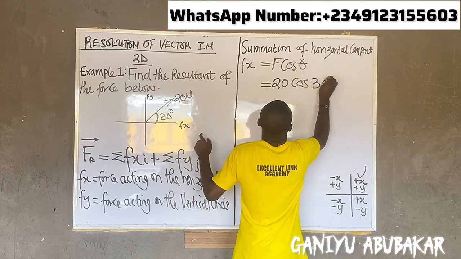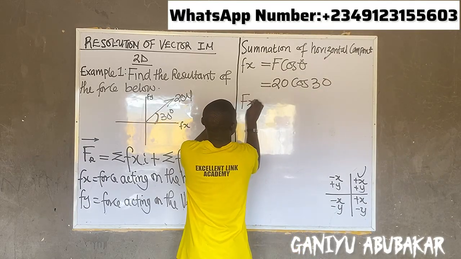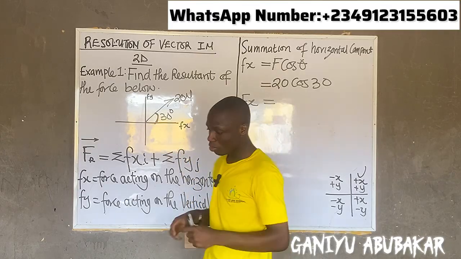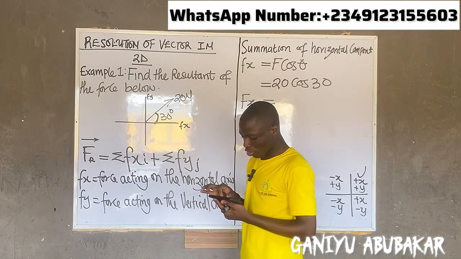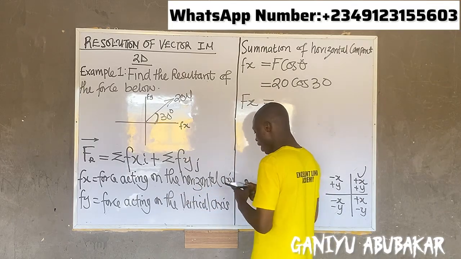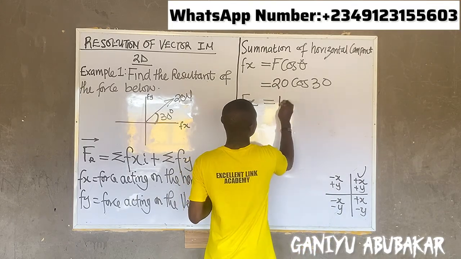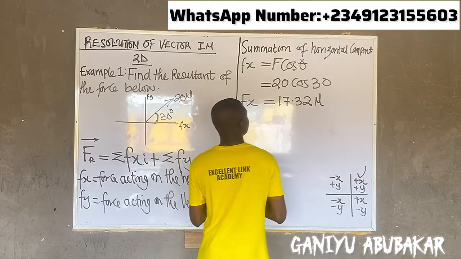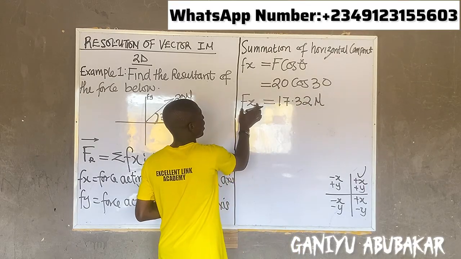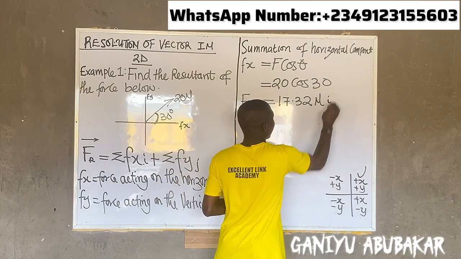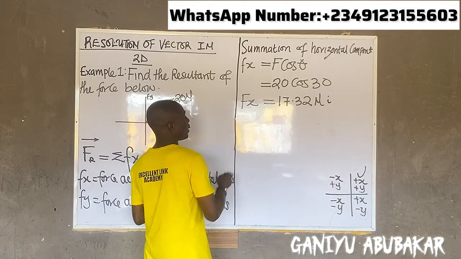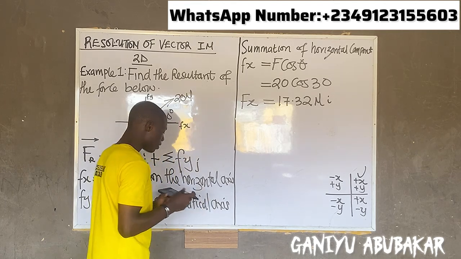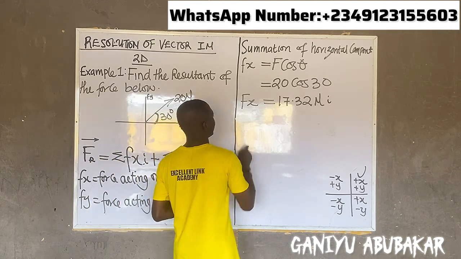So the summation of the components Fx, if I punch into the calculator, gives 17.32 Newton. That's Fx, and for the x axis you add i, because i is for x in vector form.